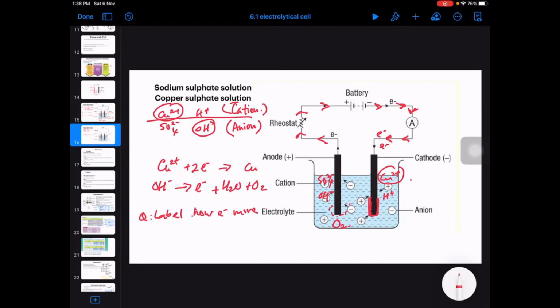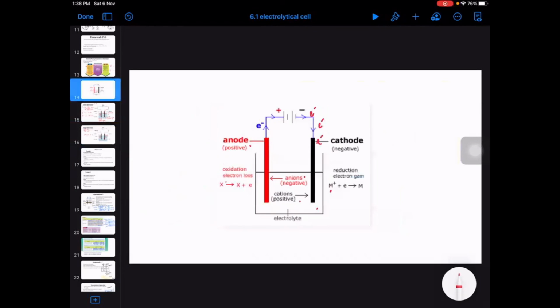Same as any electric circuit. You have a battery, a light bulb, and a switch. When you close the switch, the electric current will start to flow. How does electric current flow?